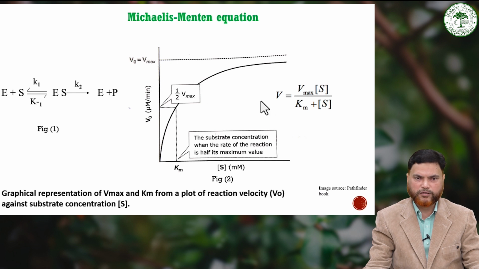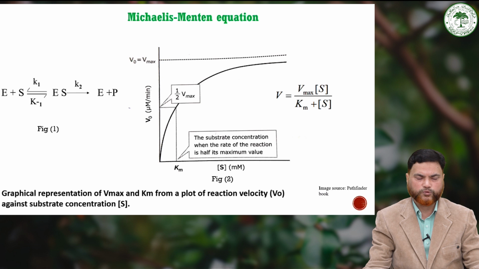Please note, V0 represents the initial reaction velocity, and Vmax is the maximum reaction velocity, which is how fast the reaction can go when the enzyme is fully loaded with substrate.